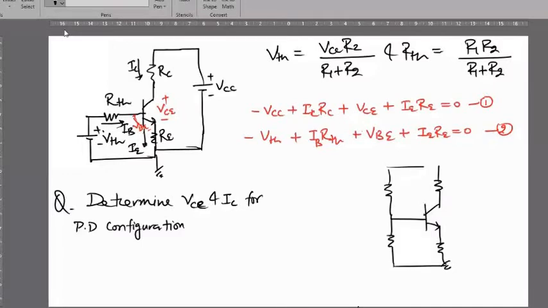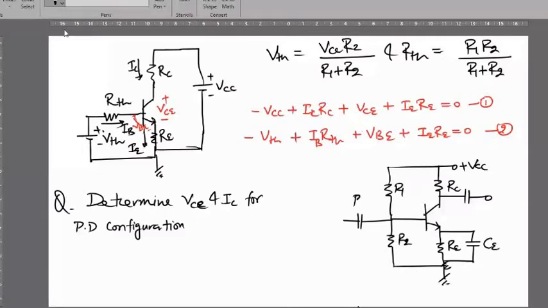Now I'm assuming this is equation 2. Put the value of VCE from equation 1 into equation 2. So the value of VCC is given as 22 volt, R1 is 39 kilo ohm, and R2 is 3.9 kilo ohm.